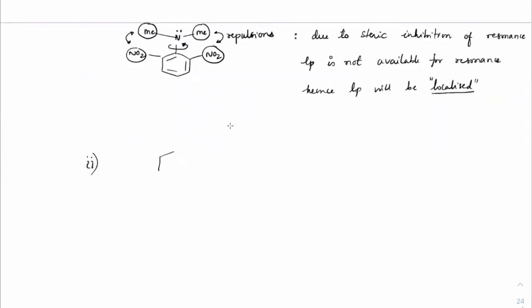On similar lines, if we have NMe2, but this time NO2 or any bulky groups are on the meta position with NO2 here, and that I'm comparing with NMe2 with CN here, methyl, methyl.